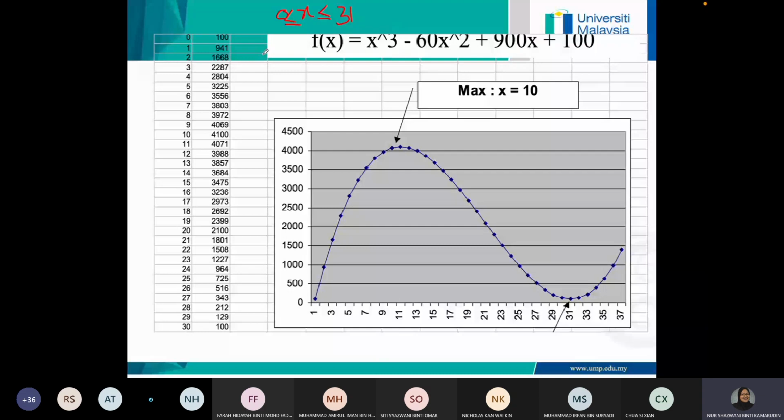You put 2, you get 1600. And then you have all these values and plot the graph, and the one at the top of the graph here is the optimum value that you want to see. So the most optimum value here is x equal to 10, right here.